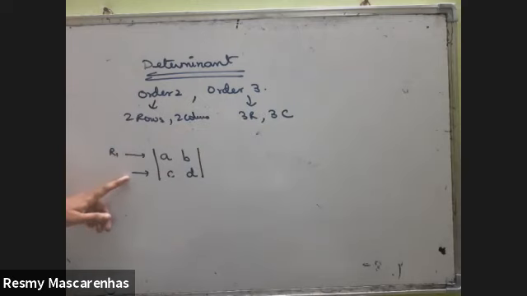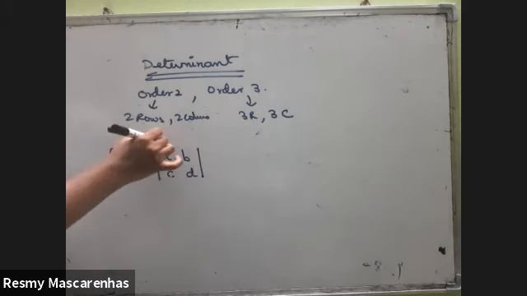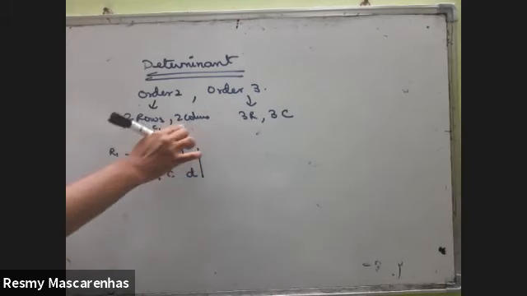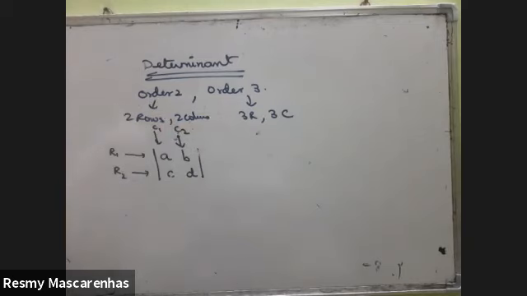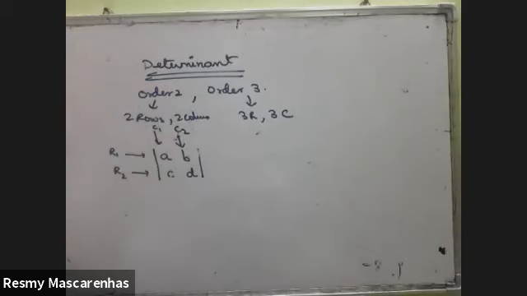Horizontal lines are always rows. So this is row 1 and this is row 2. Same way, how many columns? This is column 1 and this is column 2. So whichever determinant has 2 rows and 2 columns is called a determinant of order 2.